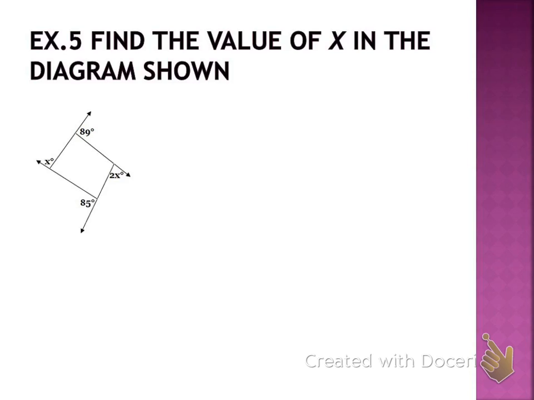If you combine like terms as you set this up, that's fine. What terms could be combined? 2x and x gives me 3x. We could also combine 89 and 85, added together gives me 174. And that should all equal 360.